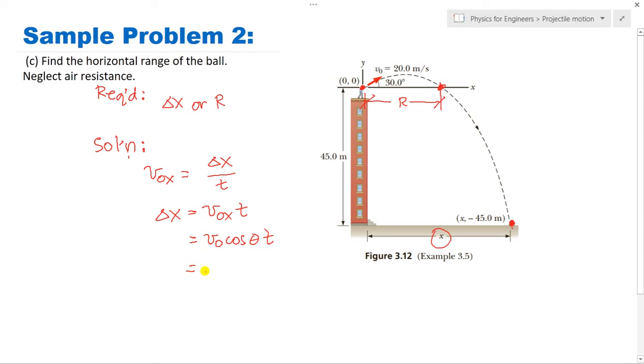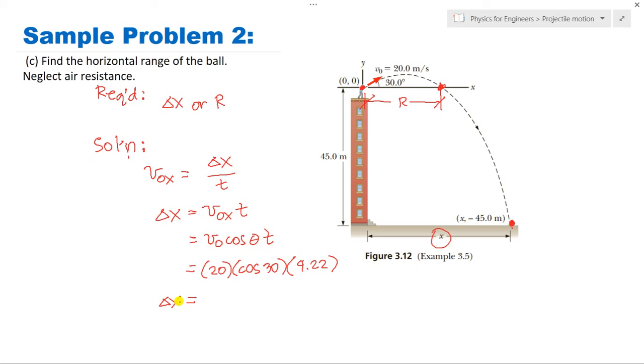So, plug in. We have initial velocity of 20 meters per second multiplied by the cosine of 30 degrees times our time, 4.22. So, therefore, our horizontal displacement is 20 times the cosine of 30 times 4.22.